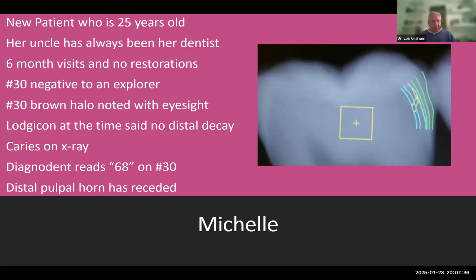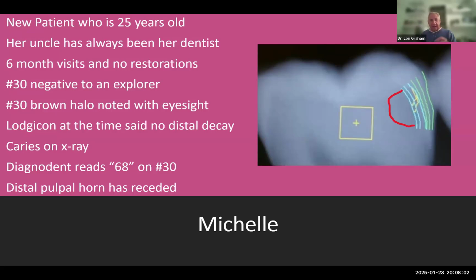I'll show you that. So I saw the brown halo, and you get to a point where your eyes tell you more than an explorer. I was using Logicon at the time, where you see these green and blue lines, and that would tell me if there were class 2 caries, and there weren't. The caries on the x-ray was outlined with the red line.